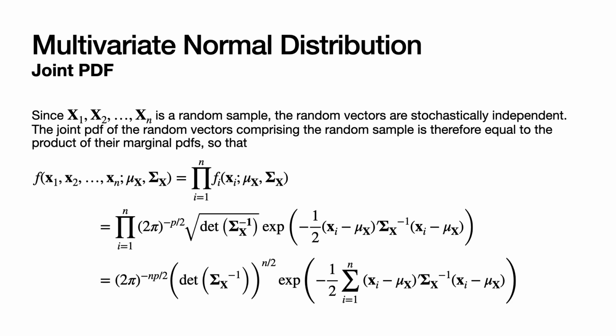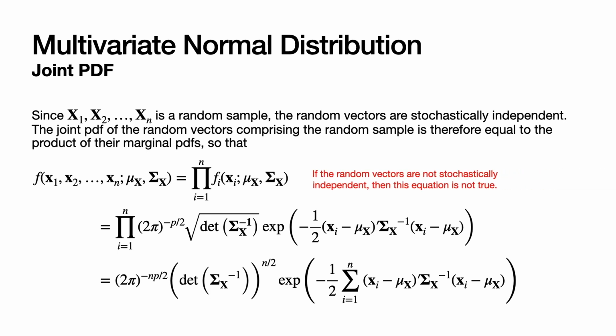The joint PDF of the random vectors comprising the random sample is therefore equal to the product of their individual marginal PDFs. And so we denote the joint PDF of the sample of vectors by lowercase f, and it is equal to the product of the individual marginal PDFs. And so when we carry out that multiplication process, we get the expression shown at the bottom of the slide. So this is the joint PDF of the sample of random vectors.